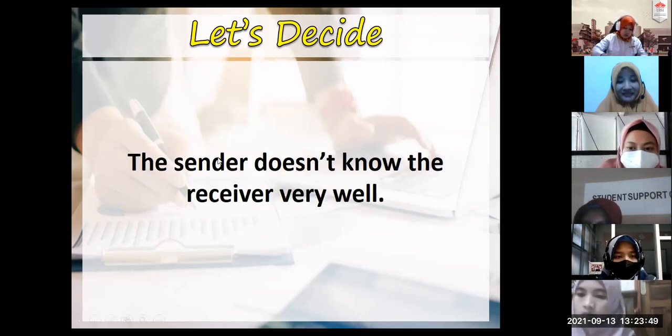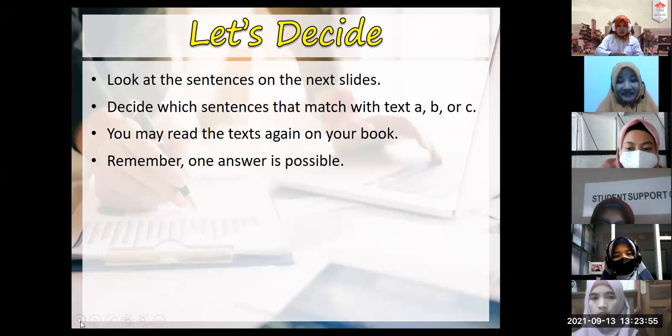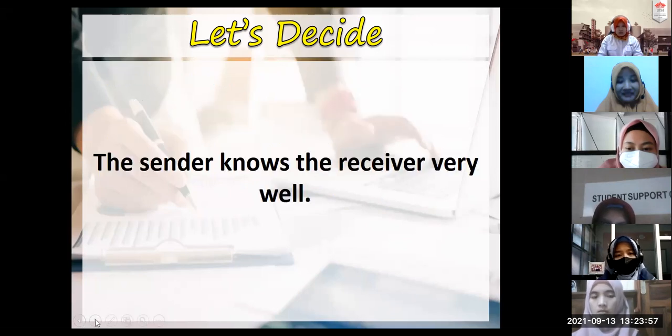Next, the sender doesn't know the receiver very well. Wait. Oh, sorry. How about this one? The sender knows the receiver very well. Which text is it? Is it memo, email, or letter? So from the text A, B, or C? Email, I think. The email, Mr. Travis, thank you.